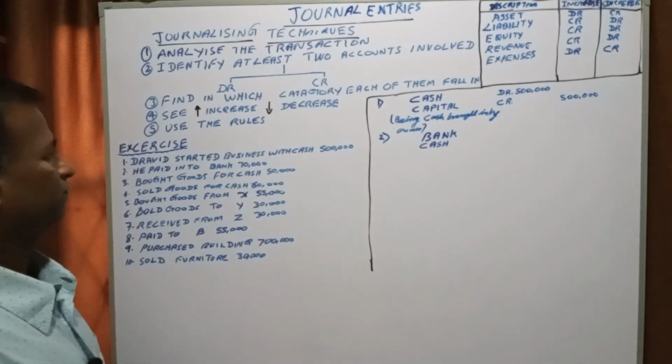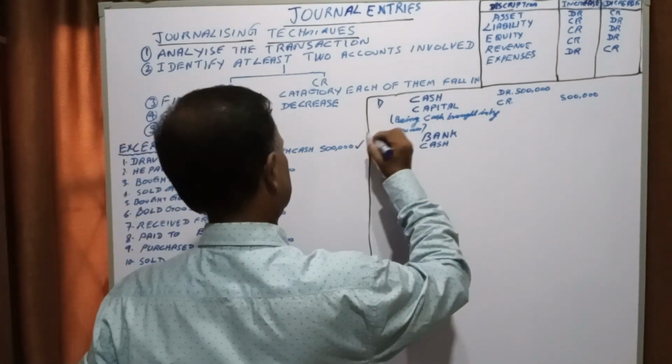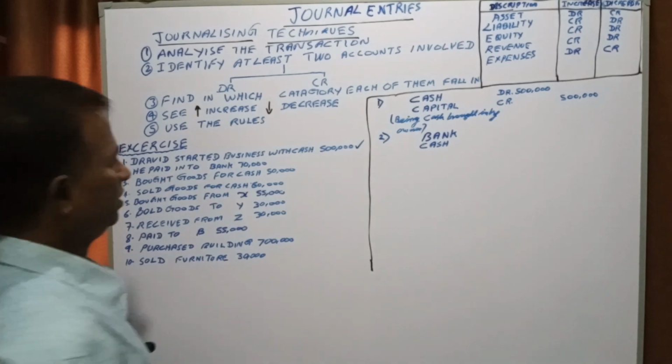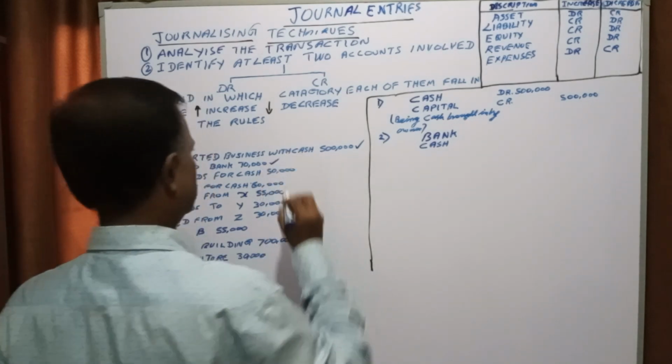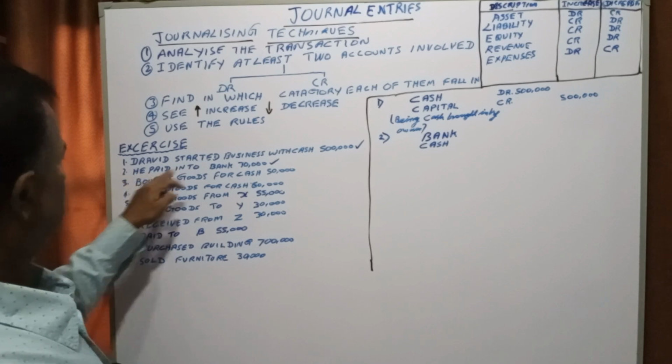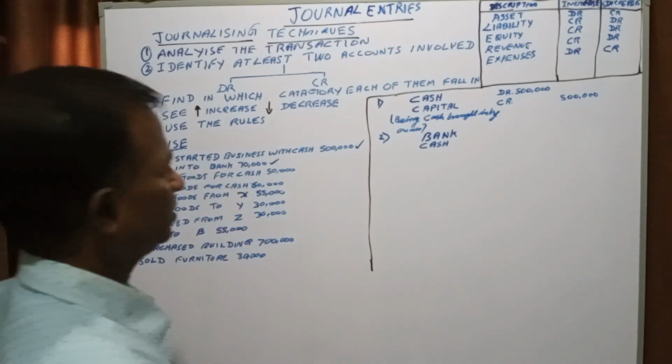We have done this, right? Now we are doing this. He paid into bank 70,000.